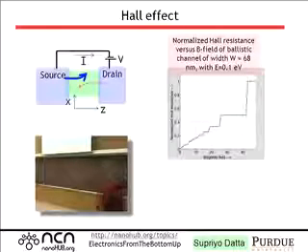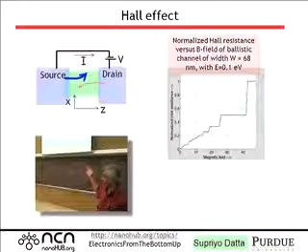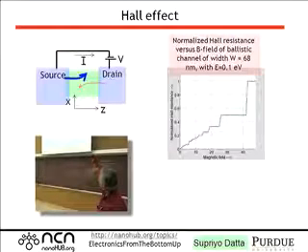The other example, if you are comfortable with the 1D, then let's try the 2D. And a good 2D problem is this Hall effect problem. Just a 2D conductor, you can first calculate conductance without any magnetic fields, then see what happens in a magnetic field.